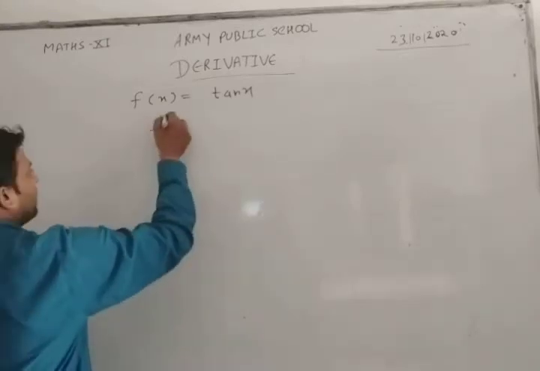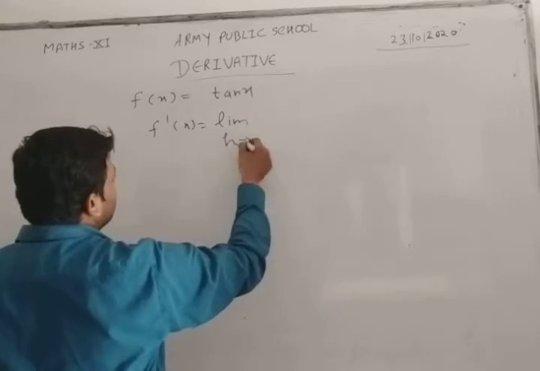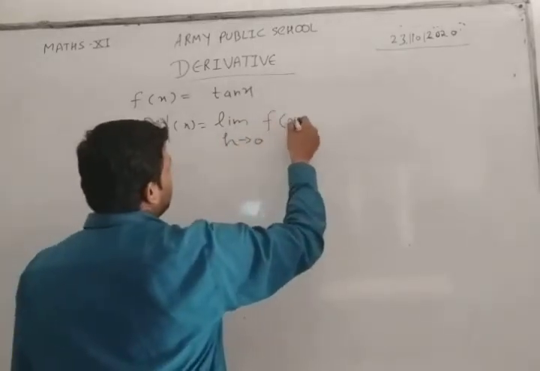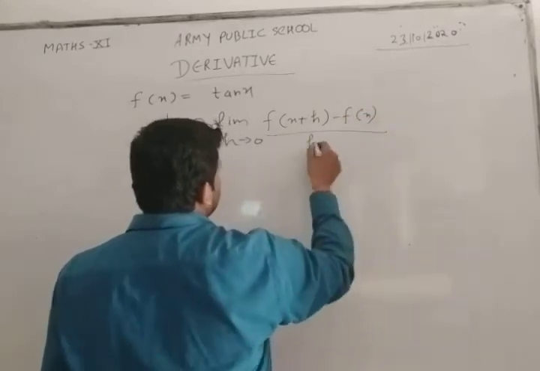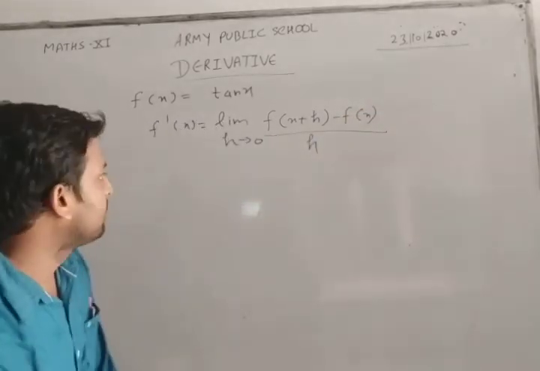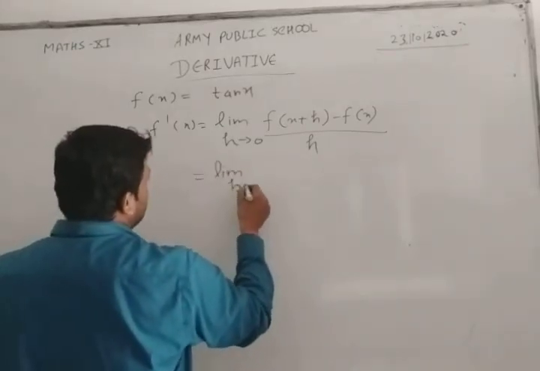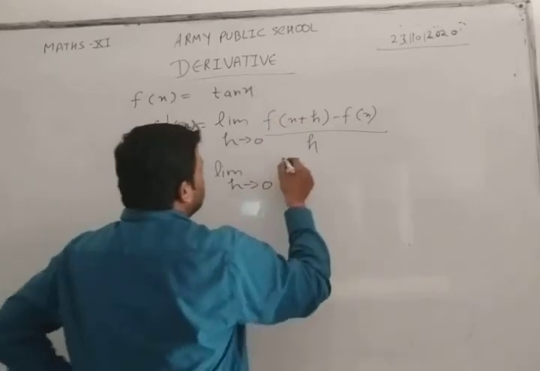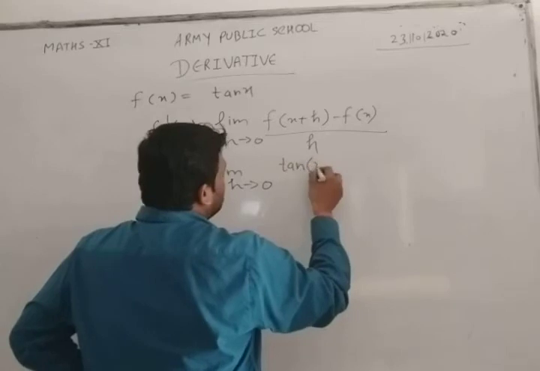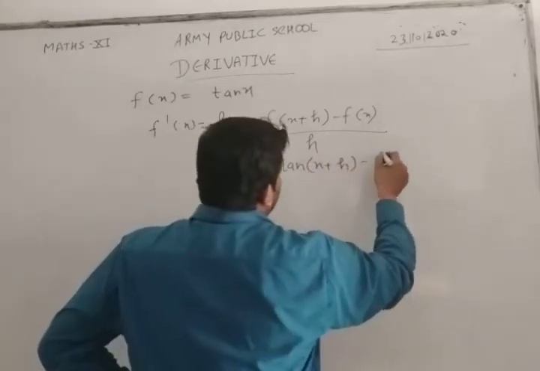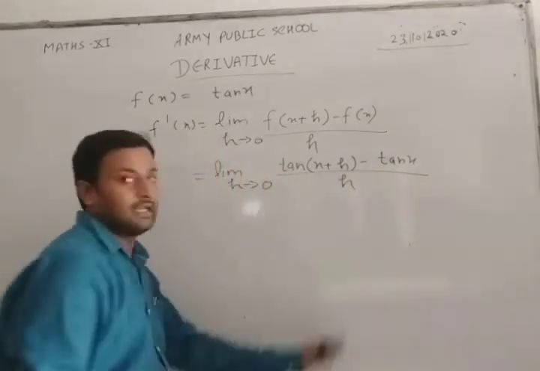So let f dash x be what? Limit h tends to 0, f(x + h) minus f(x) by h. Okay. So limit h tends to 0, our function will be tan(x + h) minus tan x divided by h.